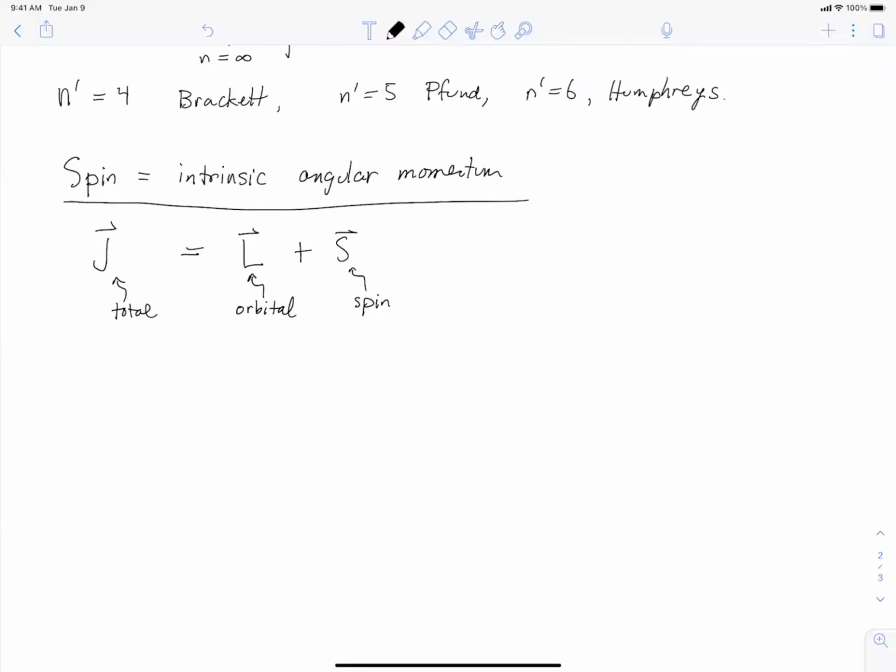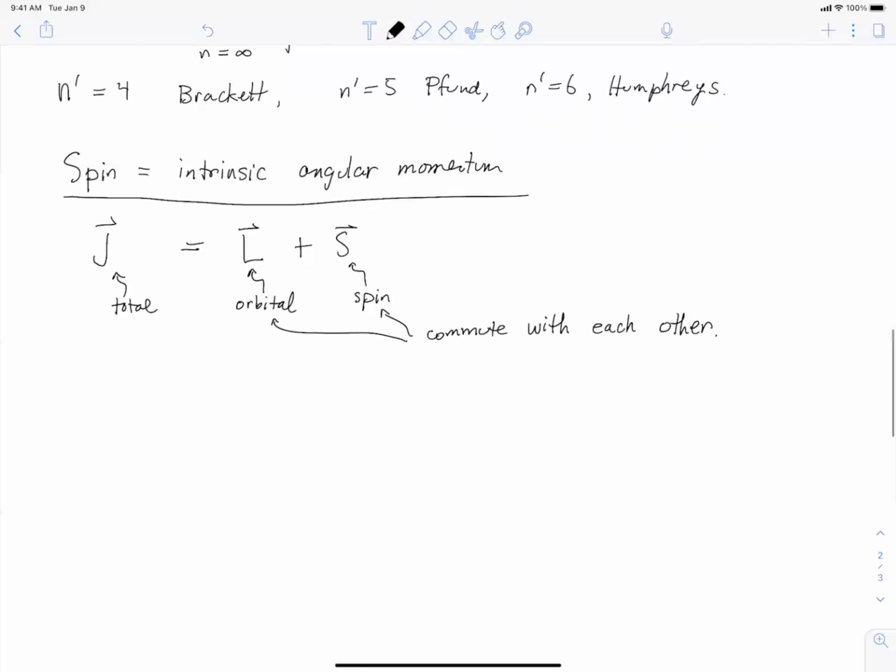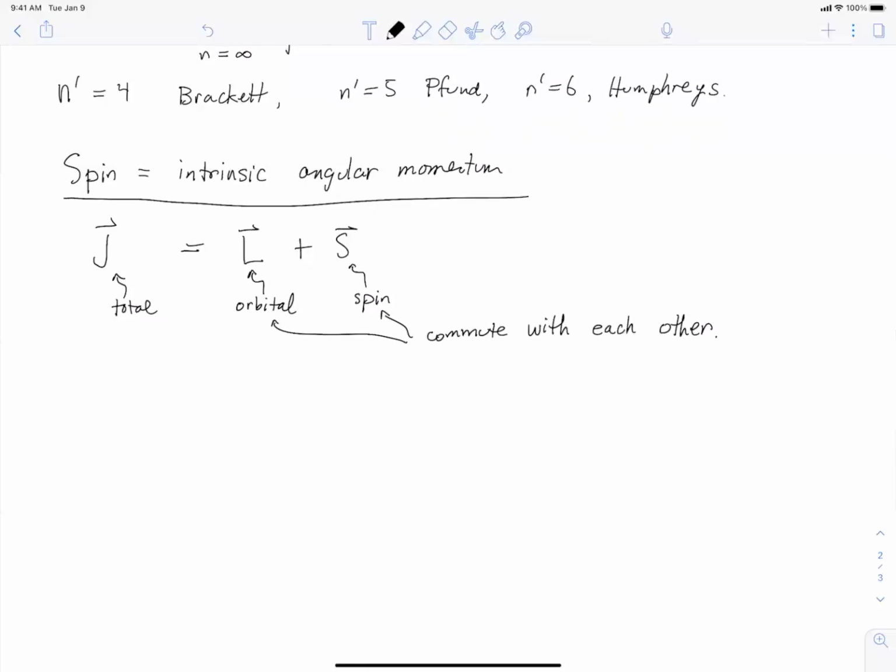So these are both angular momentum operators. We assume that they commute with each other. And so they're independent, but yet we can add them together to get a total angular momentum. One of the things we're going to learn is how to do that addition of angular momentum in a systematic way, which will apply not just to this combination, but any combination of angular momenta, and not just two.